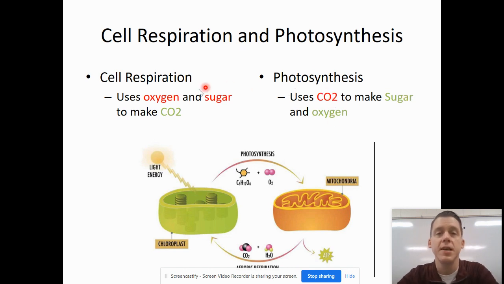What do you notice is the relationship between those two explanations? Those two explanations are opposites of one another. So cell respiration and photosynthesis are doing opposite things. This is why we're not going to run out of oxygen or CO2, because we have this interplay between the two processes.